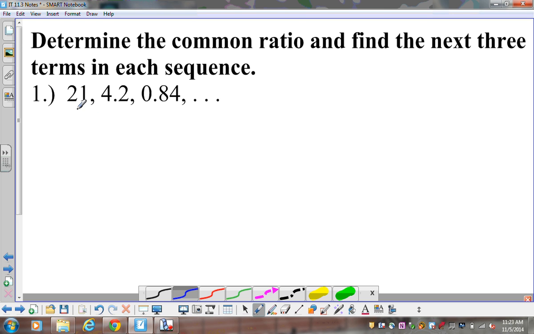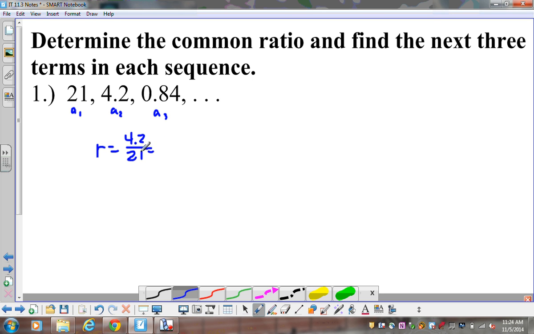All right, so right here, my first term is 21, so we'll call that a sub 1. Remember, that means my first term. 4.2 is a sub 2, a sub 3, etc., etc. So my first term, second term, third term, etc. All right, so what I want to do is find the common ratio. Now, just by looking at this, I have no idea how I get from 21 down to 4.2 by multiplying by some number. So this is where it makes it easy if I just take my second term, which is 4.2, and divide it by my first term, which is 21.